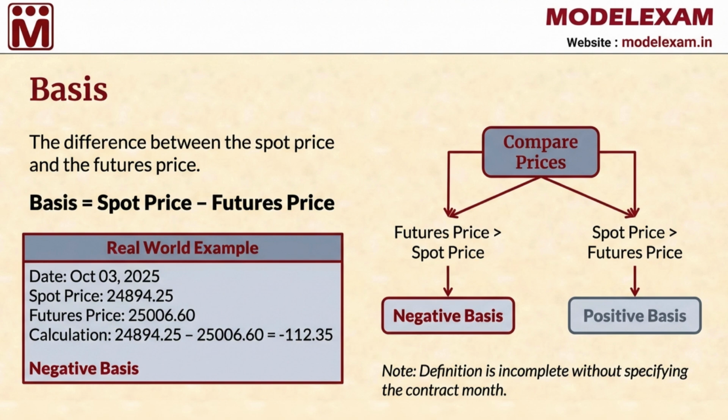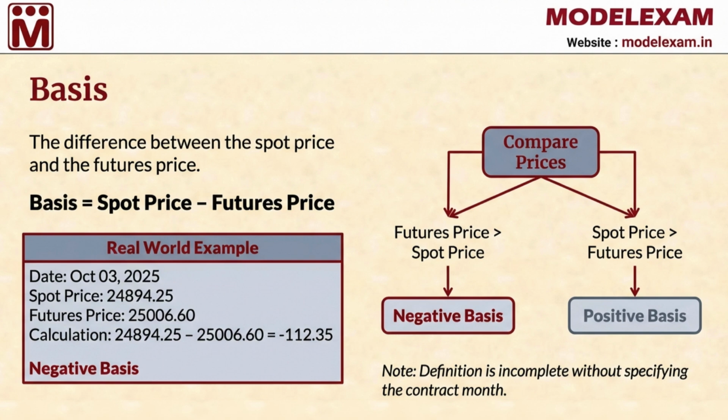For example, on October 03, 2025, the spot price was 24,894.25, while the futures price was 25,006.60. This resulted in a negative basis of minus 112.35.